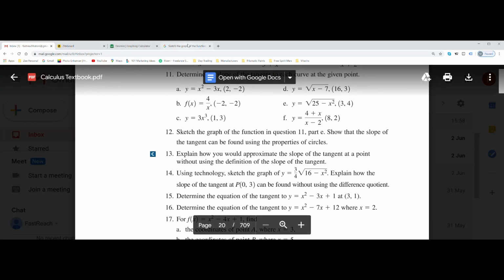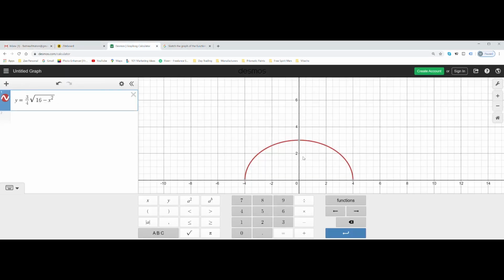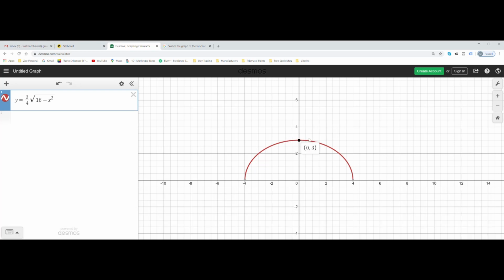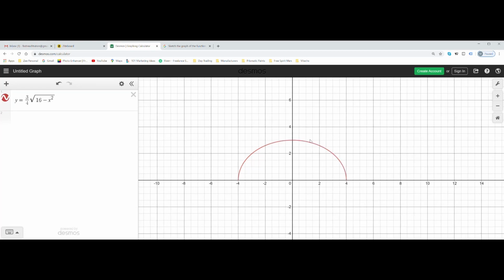So if you look at 0 and 3, this point, the slope would be here and it would be horizontal.